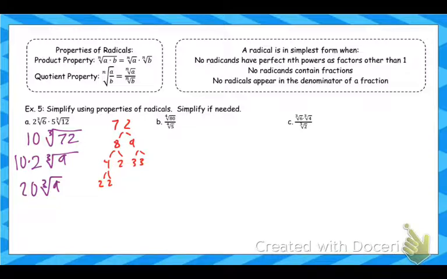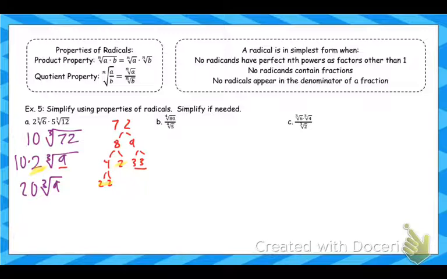Since this is a cube root, I'm looking for sets of 3. So any number that repeats itself 3 times. And in this case, I have 3 2s. So 2 went to the outside. What was left over were my 3s. The 3s got multiplied, and they got left on the inside. So it's up to you which method makes the most sense, whichever one is easier.